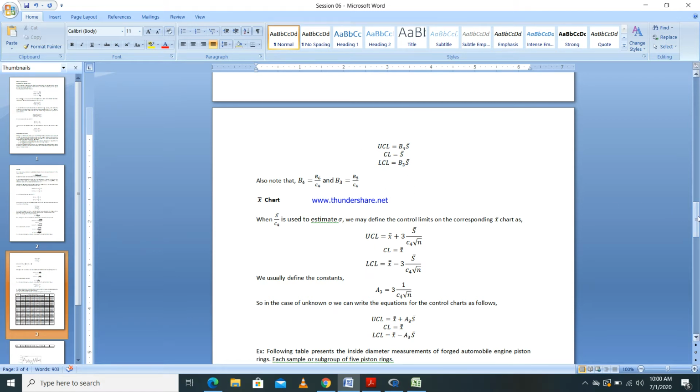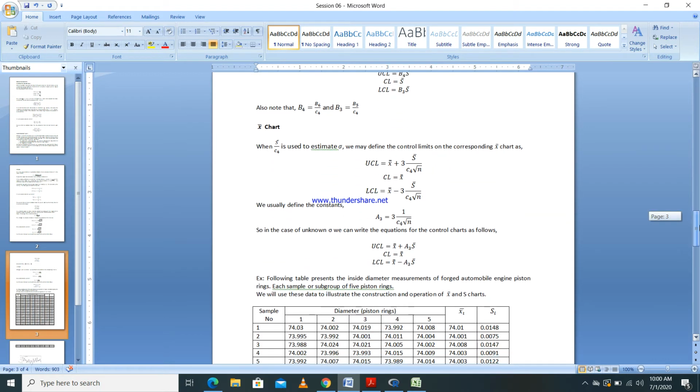Now in this case, if you are constructing the S chart together with the X bar chart, you can easily construct the X bar chart with these values. The center line would be the mean value of the means, which I have denoted here as X double bar.